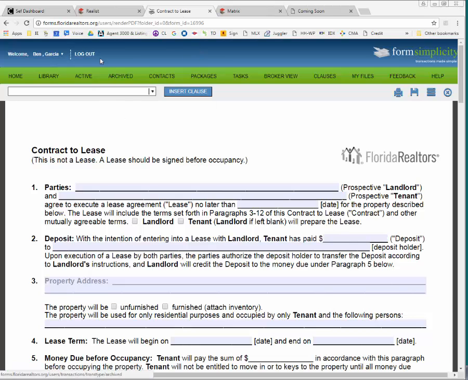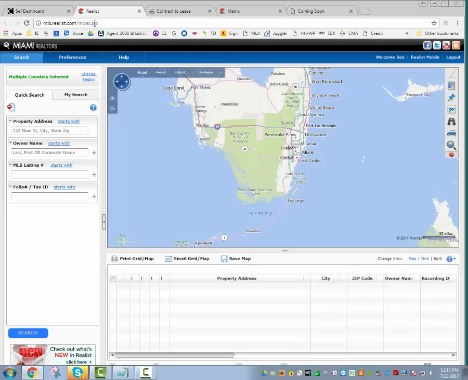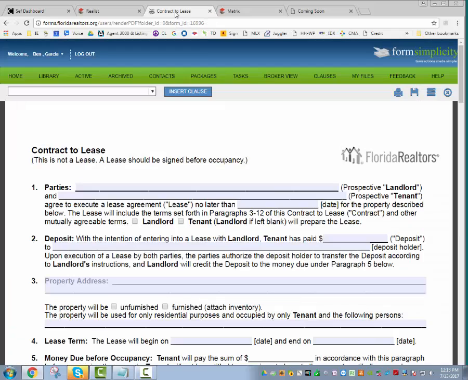You can also get the information by going back to the home page and clicking on Realist, and that will open up and give you the options to put in the property address, and you will get the owner's name. Sometimes it's a corporation, so you want to make sure you have it right.